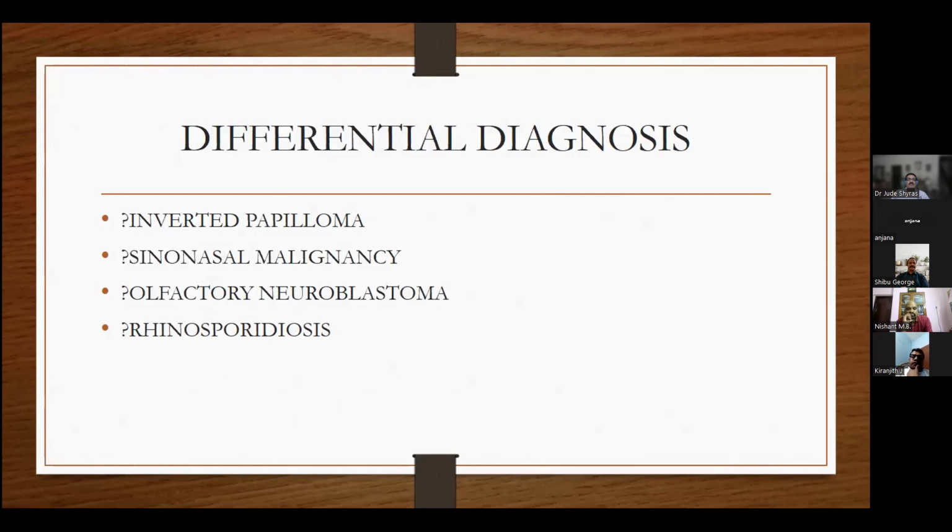So we discussed the diagnosis and came to a conclusion that this can be a malignancy, an olfactory neuroblastoma, or squamous cell carcinoma. Before that, we were talking about a benign lesion like inverted papilloma, now talking malignancy, isn't it?